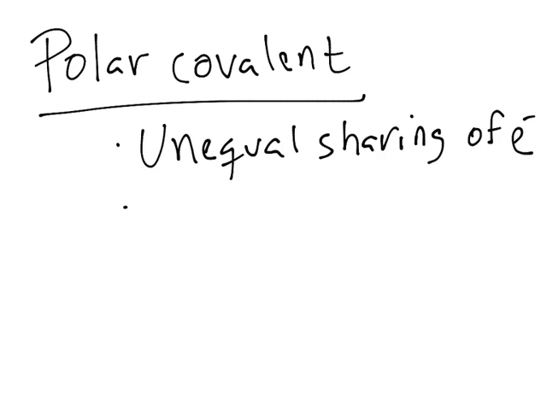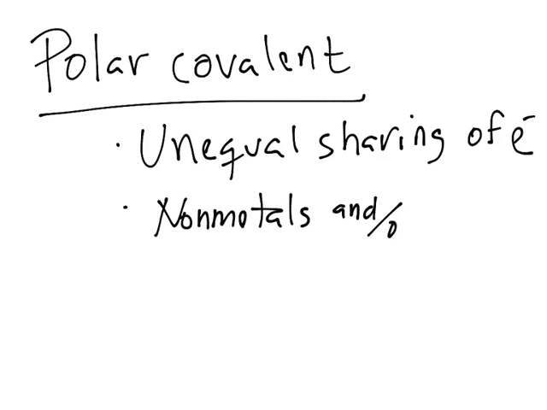These polar covalent bonds occur between nonmetals and or metalloids. So you could have two nonmetals together, a nonmetal and a metalloid, or two metalloids, but you will probably never see two metalloids bond together.